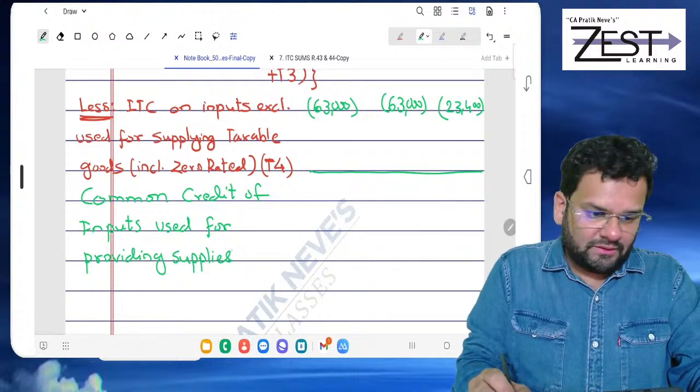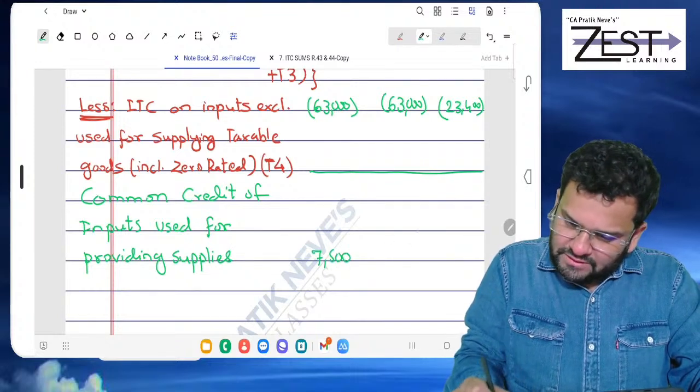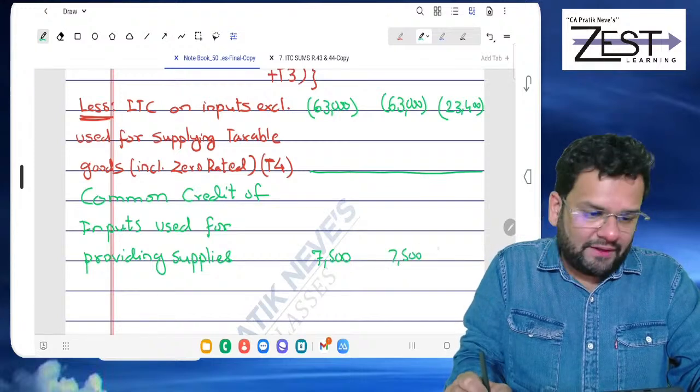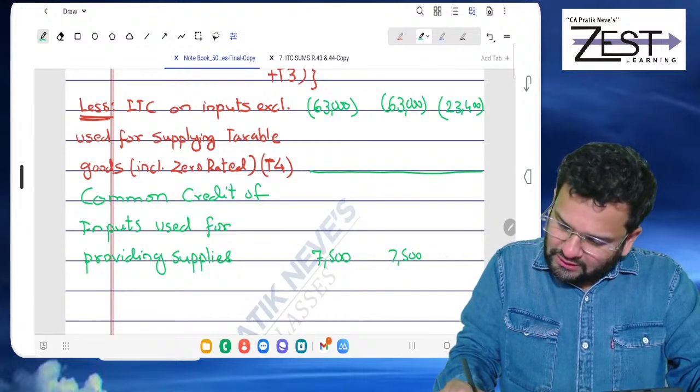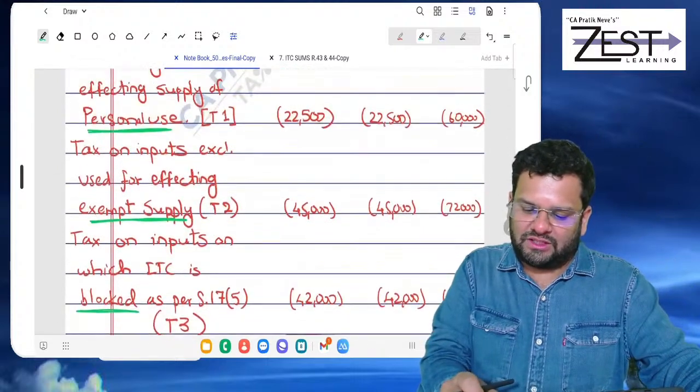So isn't it 7,500 and 12,600? Just check whether it is 12,600.